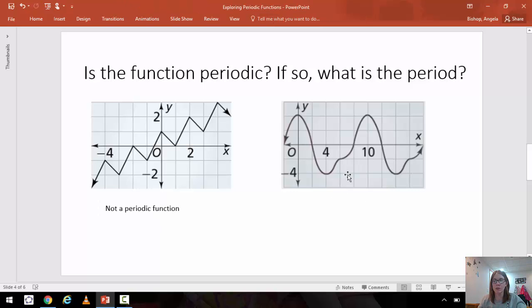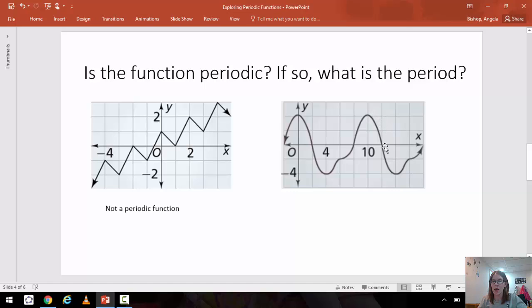Okay, let's look at this next one. Is this one periodic? Do my y values repeat? Well, if you look at the top here, we start at the top of a mountain, go down, we hit the bottom, and then we do this level off pattern, and then come back up.